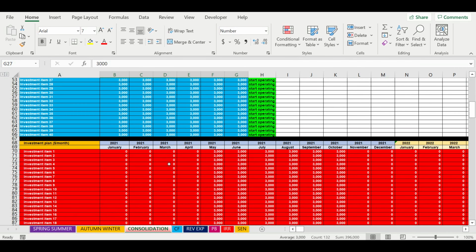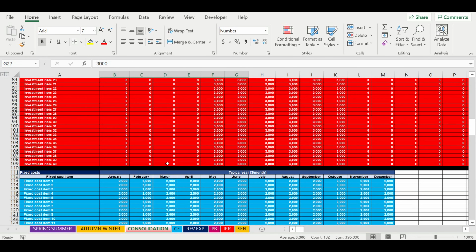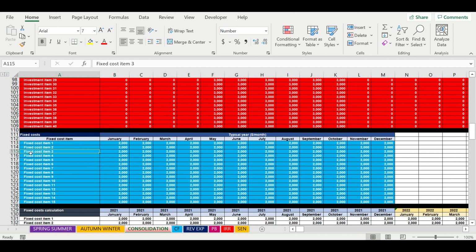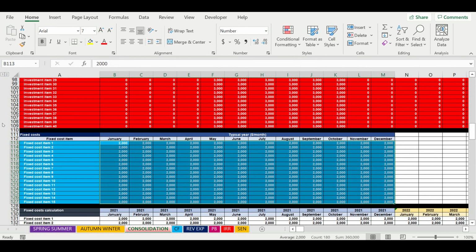Then we do the same with fixed costs, for example rent, advertising, other different fixed cost items. So we have a typical year, since fixed costs may have some seasonality, where from January to December we specify the values of expenses for this or that fixed cost item.